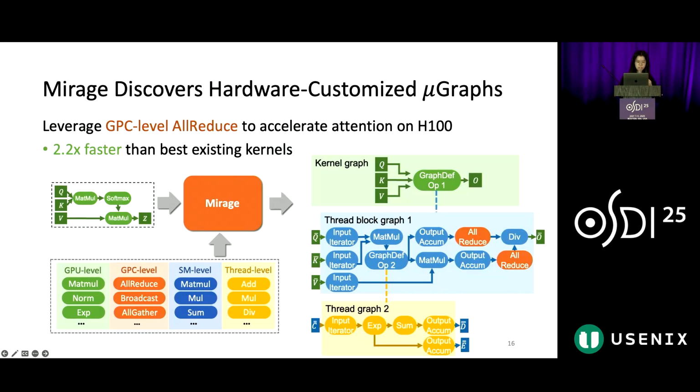And interestingly, on H100, the newly introduced GPC level allows us to communicate between the thread blocks. And Mirage automatically discovers the MuleGraphs to leverage this feature. And here, only a single kernel is introduced. And this kernel is 2 times faster than the best existing kernels.